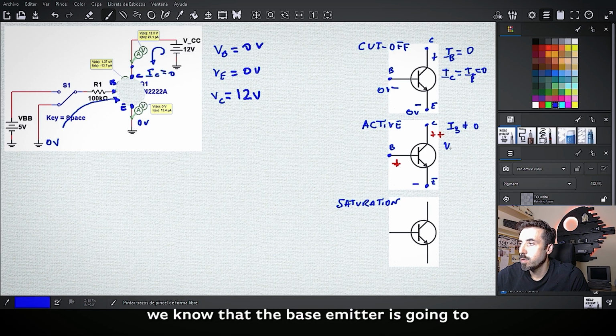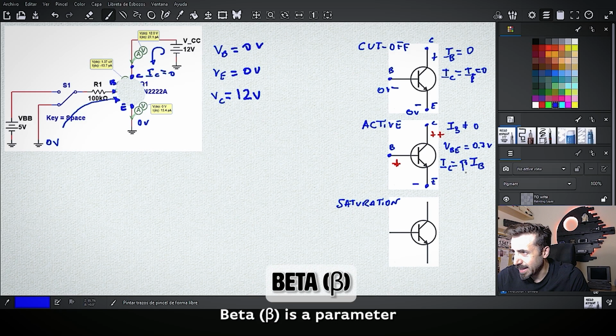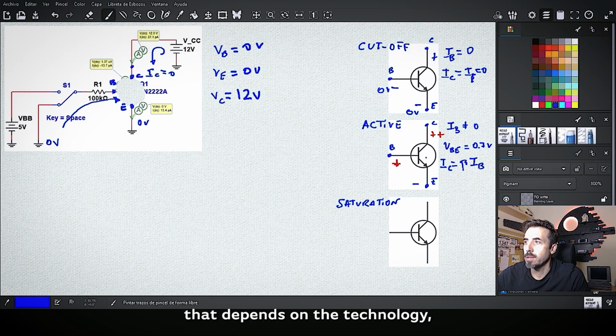First of all, we know that the base-emitter voltage is going to be around 0.7 volt. Another important equation is that the collector current is going to be beta times the current through the base. And beta is a parameter that depends on the technology, on the transistor, the BJT that we are using.